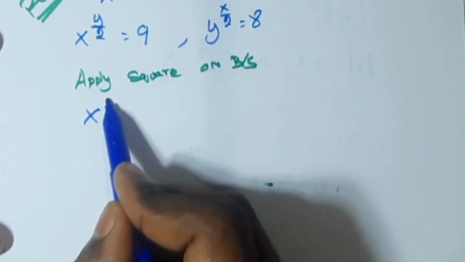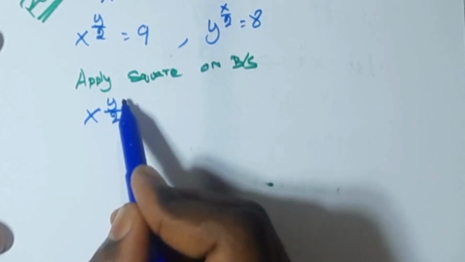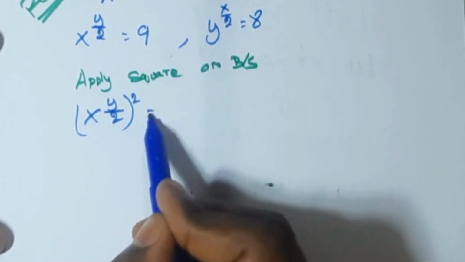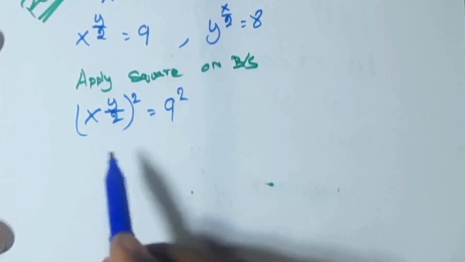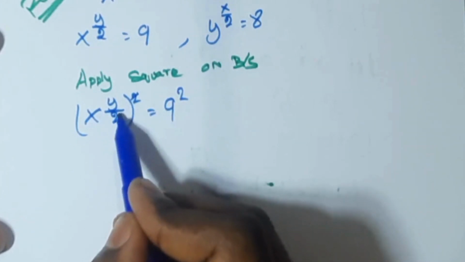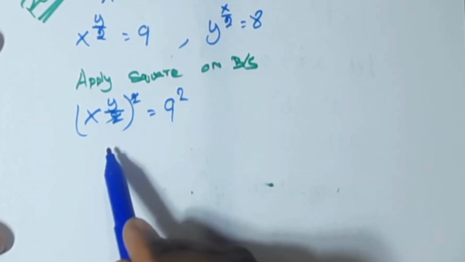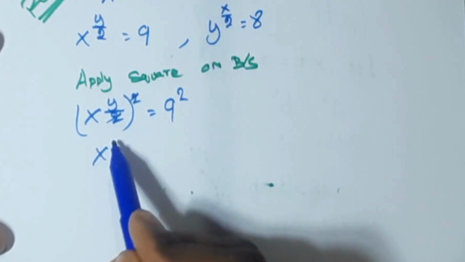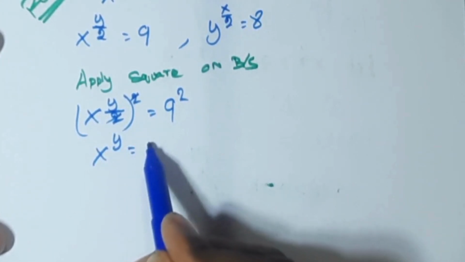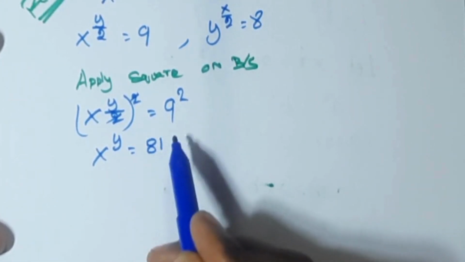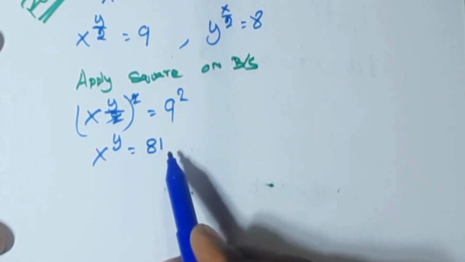x to the power of y by 2 whole square equal to 9 square. This square and square root will get cancelled. So we have x to the power of y equal to 81. 9 square will be 81.